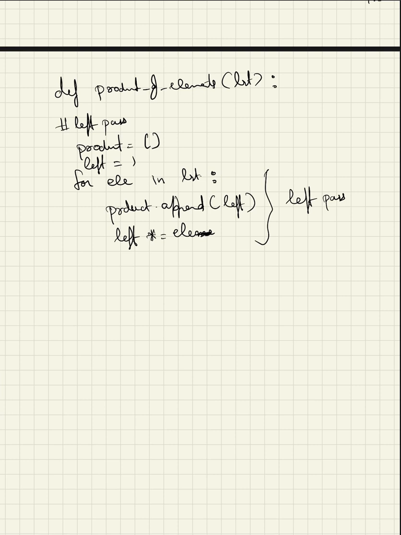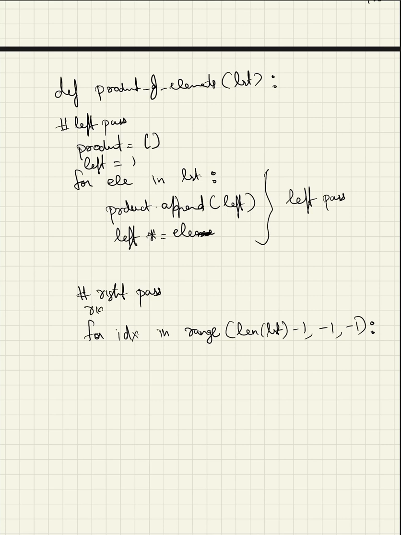Now I have created the product array, and I have to do the right pass, which is a little bit trickier because I have to move in the reverse direction. So for idx in range, len of list minus 1, we go to minus 1, taking a step of minus 1. That's why we are putting two minus 1s.